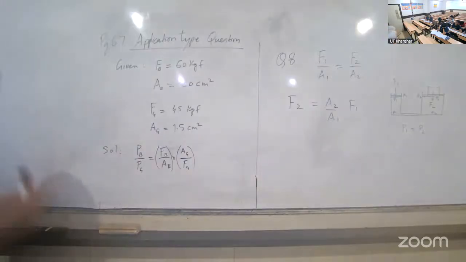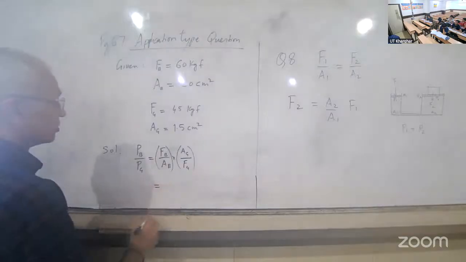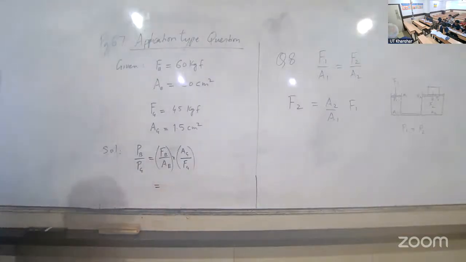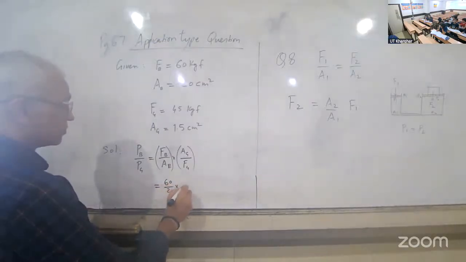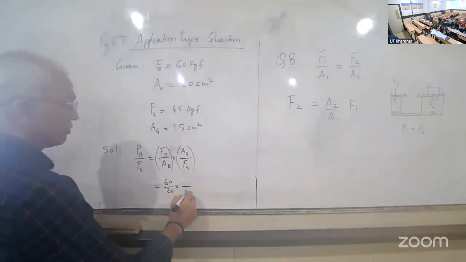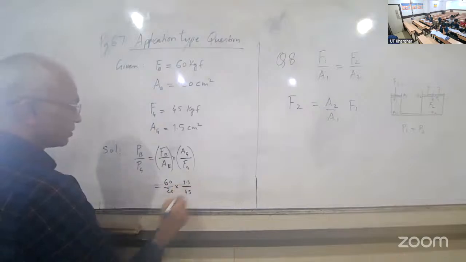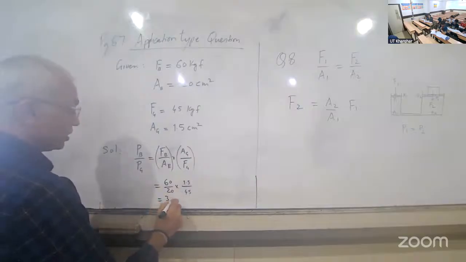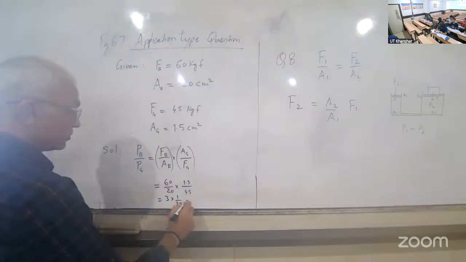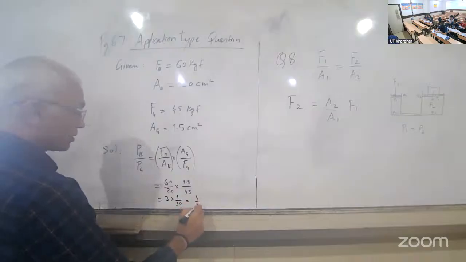AG will go up. So 60 by 20, 45 by 1.5. So what is this? 3 into 1 by 30. So 1 is to 10.